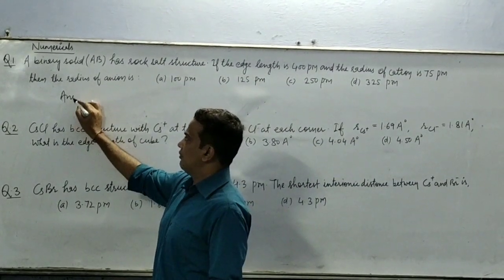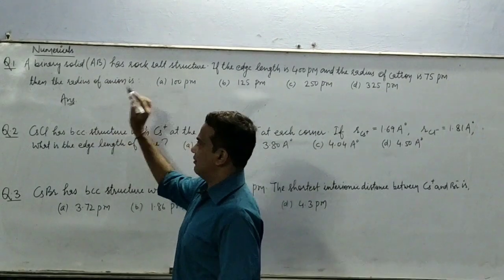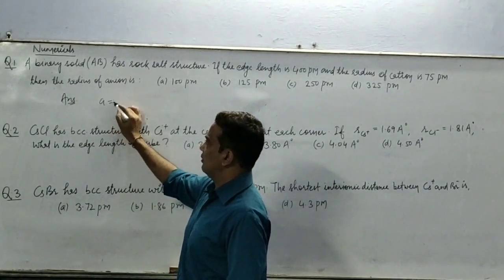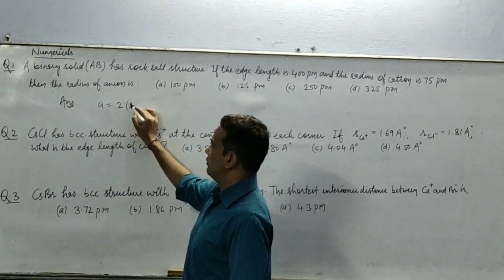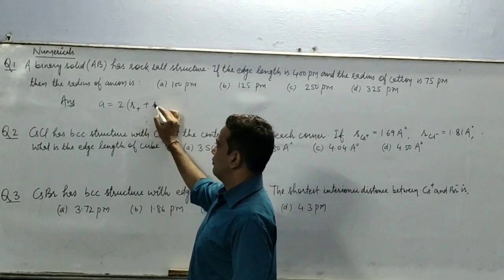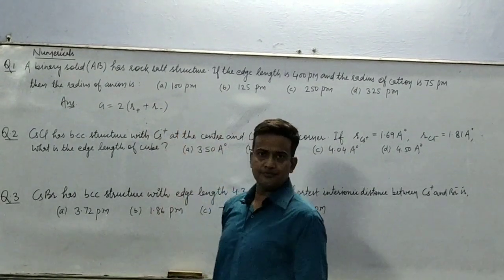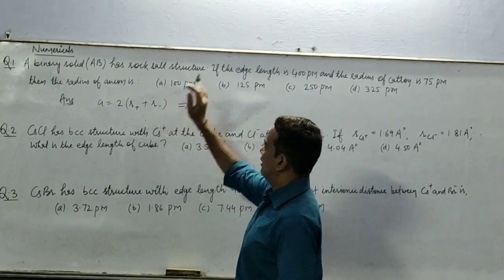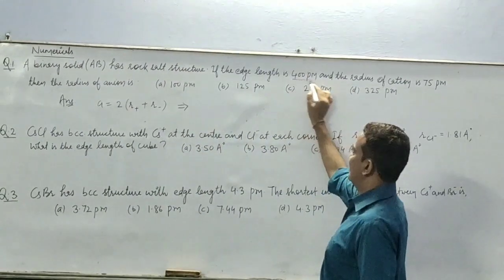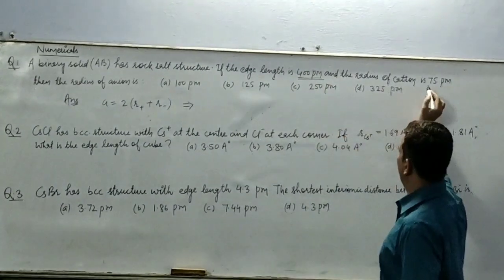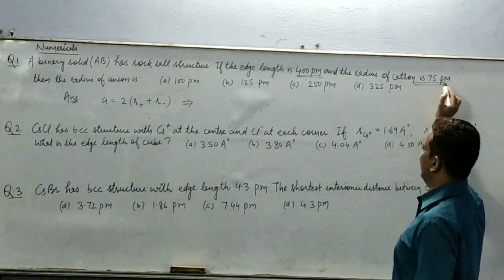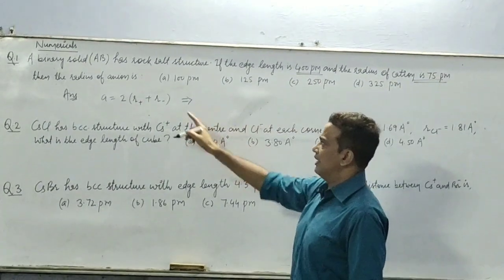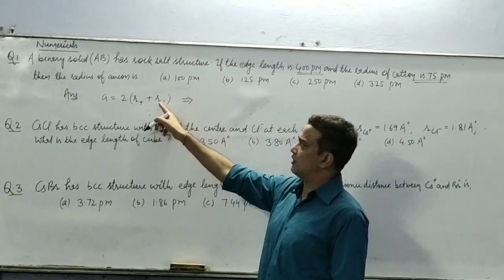We know for rock salt type of structure, a is equal to 2 into r positive plus r negative. You must learn the formula. Now in this formula you are given edge length a 400 and r positive, radius of cation, 75 and you have to find out the radius of anion.